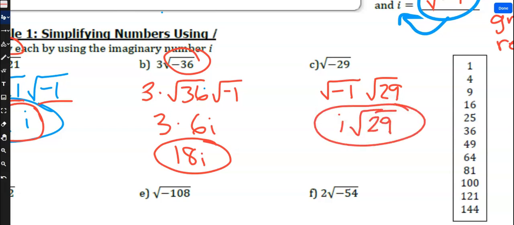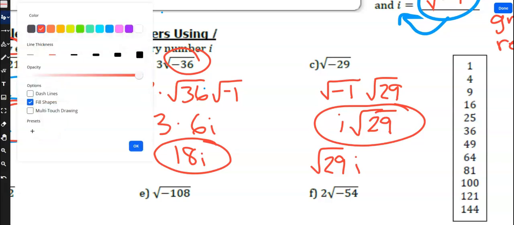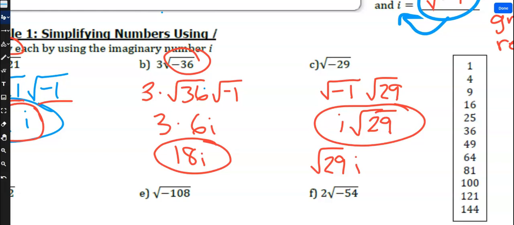Now, you might say, well, Mr. Staley, why can't we write radical 29i? Well, truthfully, you can. But then what happens when people start getting sloppy, and all of a sudden that radical goes over the top of the i. Well, that's a problem because that's not the same. So in order to avoid that confusion, we just put the i on the outside of the radical.